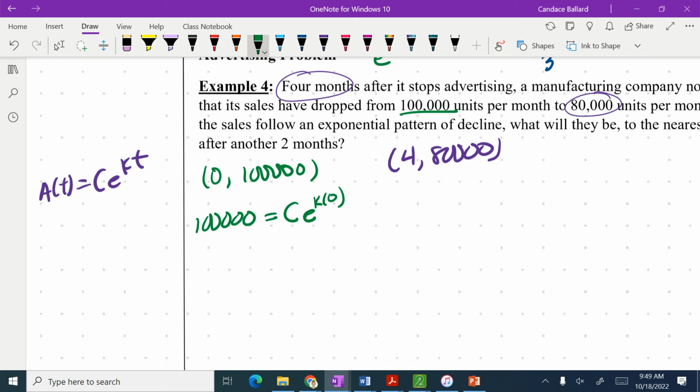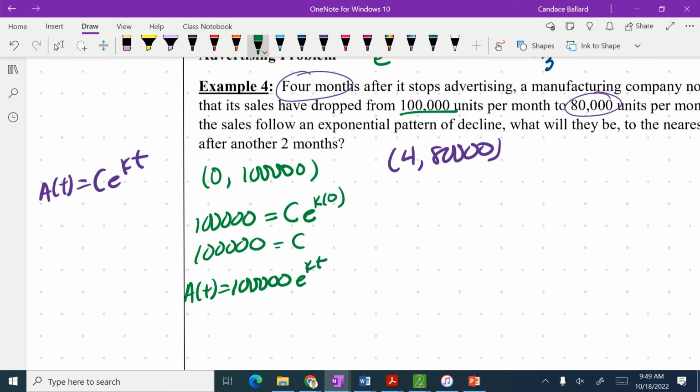Perfect. We saw this pattern a lot yesterday in almost every problem, right? What's K times 0? What's E to the 0 power? 1. So I know that C is equal to 100,000. Now my new equation is 100,000 E to the KT.